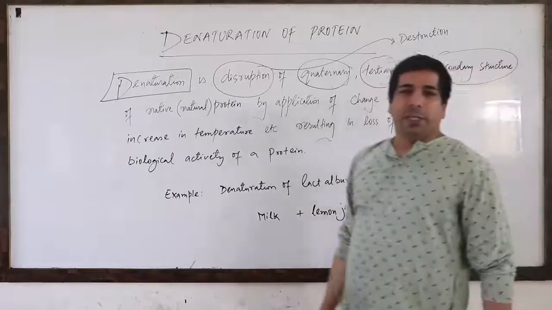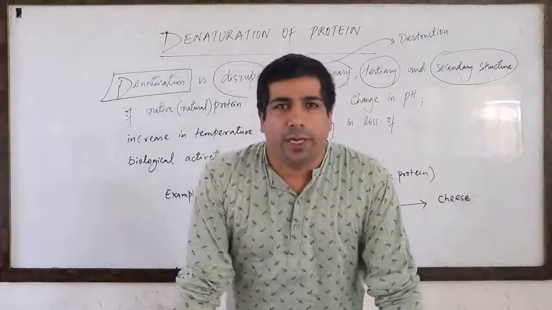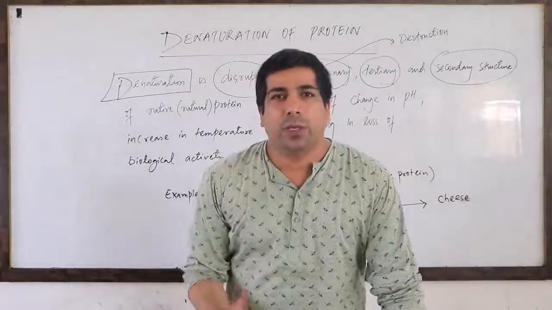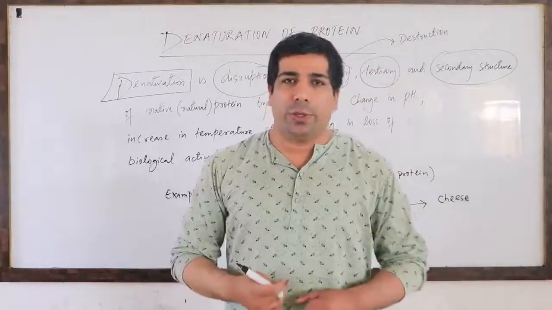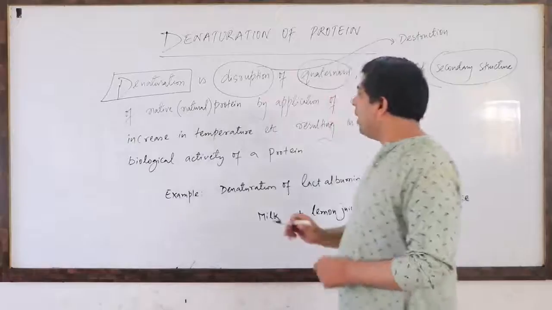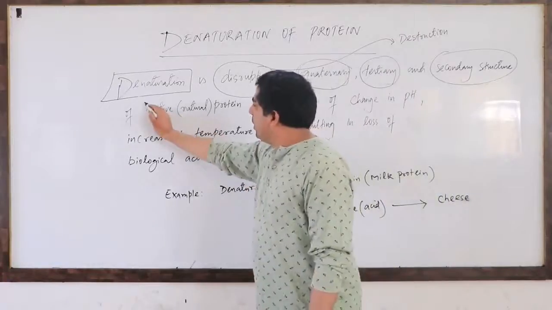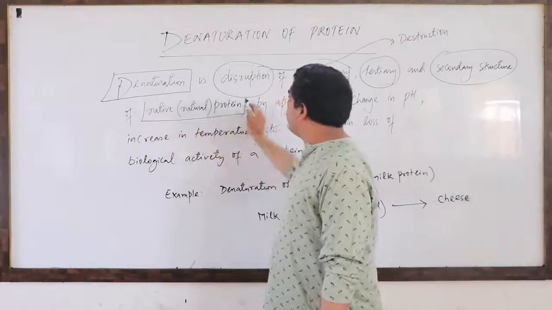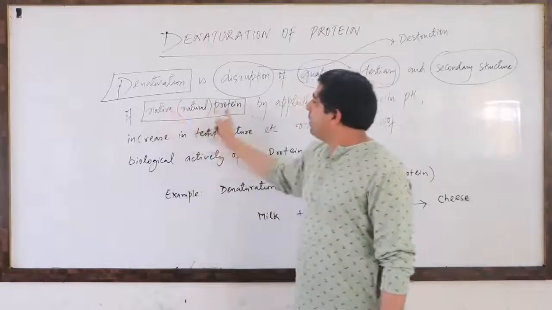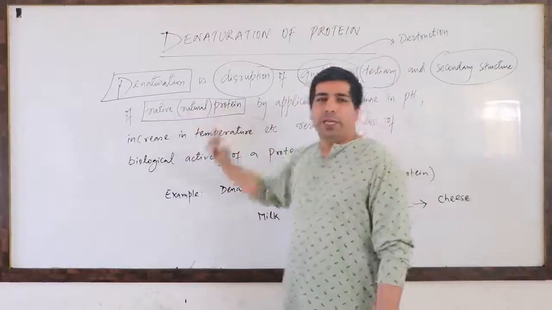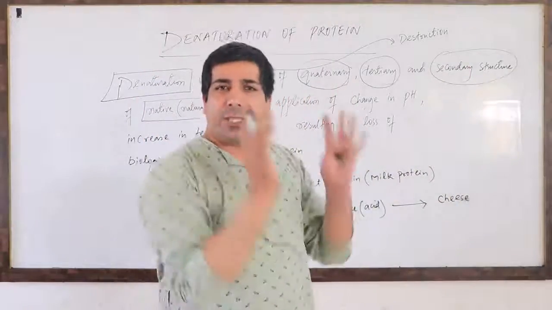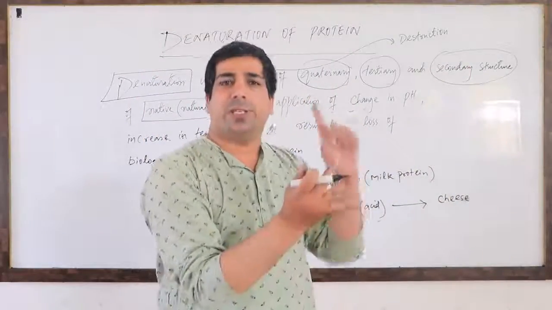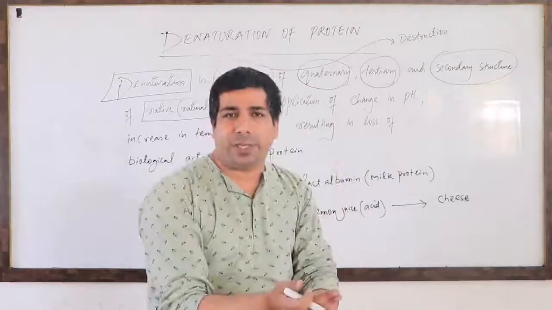My dear friends, when you disrupt the quaternary, tertiary and secondary structure of a protein molecule, and that protein molecule is a native protein. Native protein basically means natural protein. You take one natural protein and you destroy its quaternary, tertiary and secondary structure.